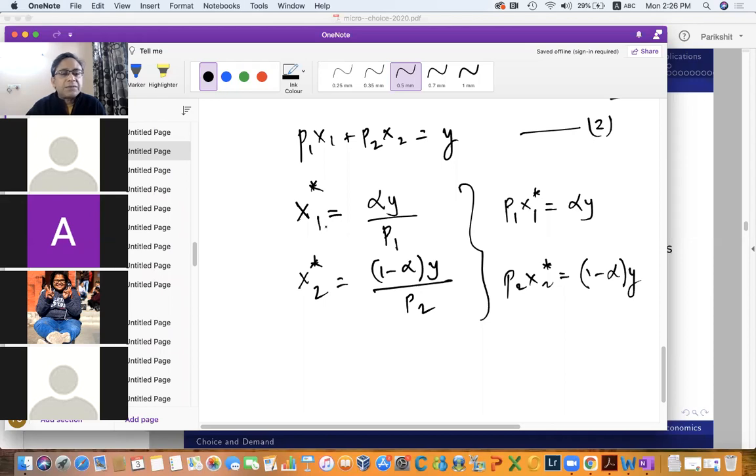You can calculate that. Income elasticity is 1, right?